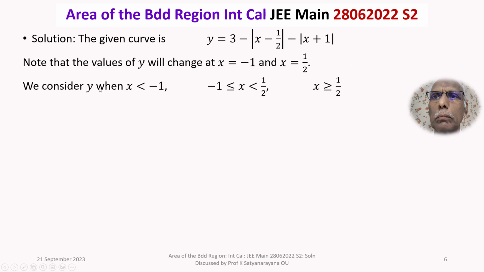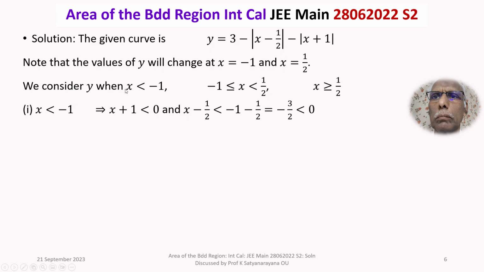We consider three parts of the domain: x less than minus 1, minus 1 less than or equal to x less than 1 by 2, that means between minus 1 and half, and x greater than or equal to 1 by 2. Thus three parts we have, and let's see how this y behaves.